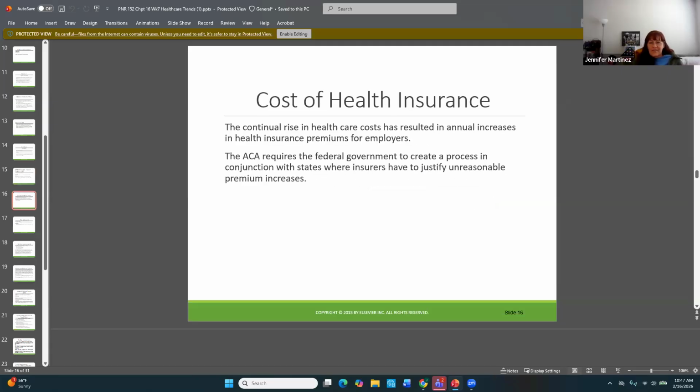So, cost of health insurance. When we talked about some of the costs that are involved, I'm going to see if I can pull up an example to show you. But as healthcare prices, of course, go up, so do the annual increases in health insurance premiums.